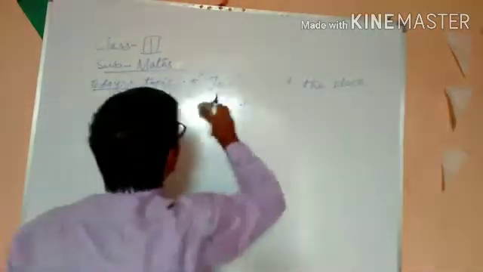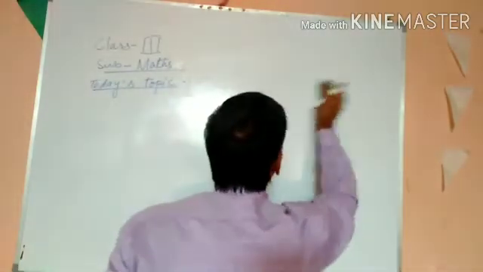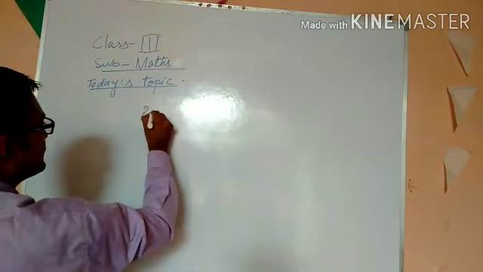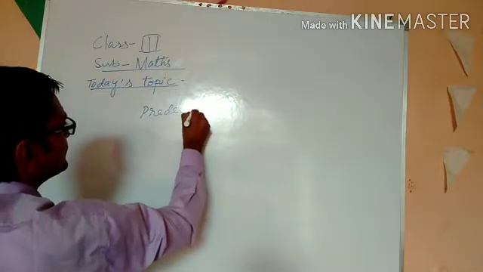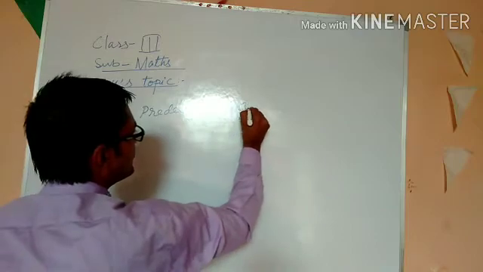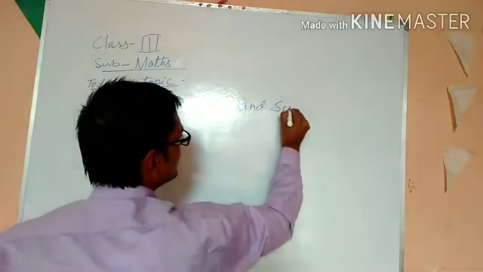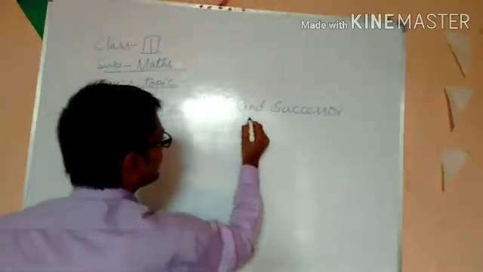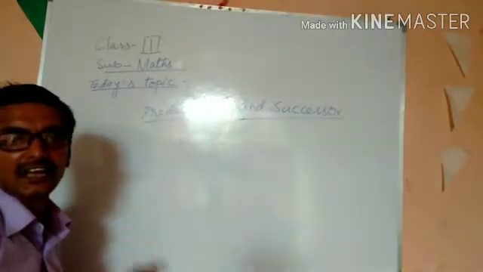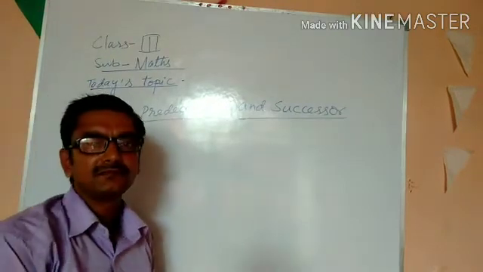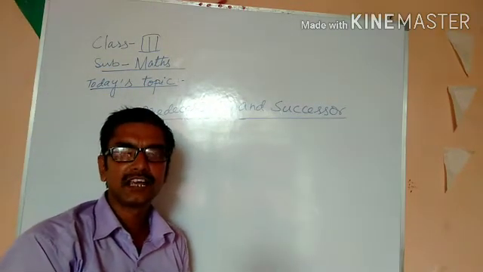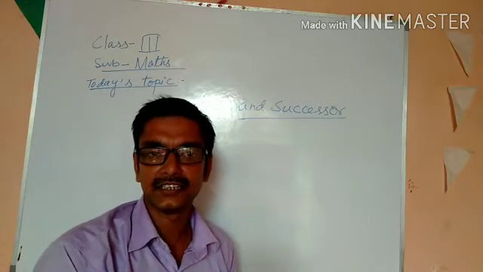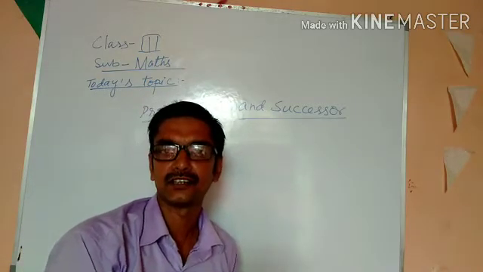That is, we have to discuss the predecessor and the successor. Okay, predecessor and successor. As you know, now tell me, in your family members, there is a grandfather, your father is there, and all of you live together.